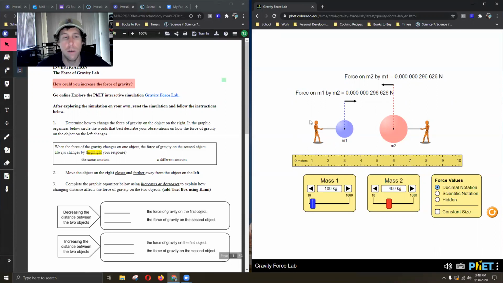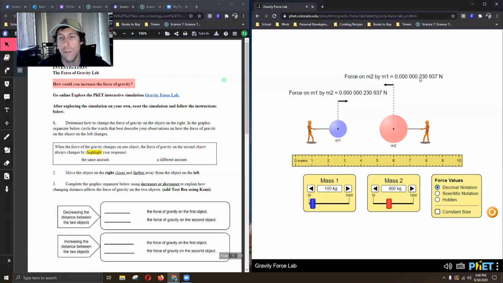So notice that it says when the force of gravity changes on one object, the force of gravity on the second object always changes by the same amount or a different amount. Notice these numbers right here as you change the force of gravity by moving the objects. Are the numbers always changing by the same amount?